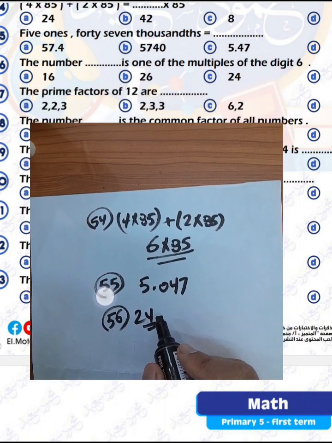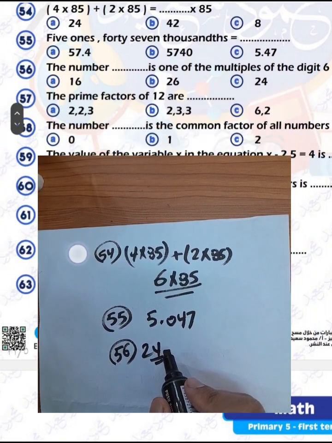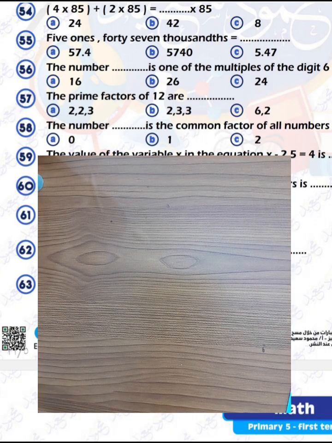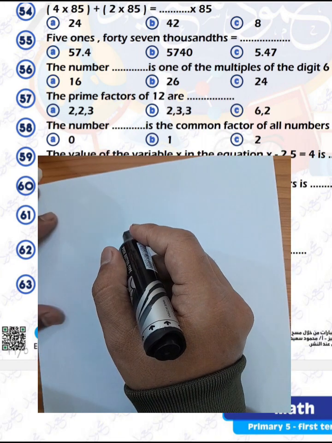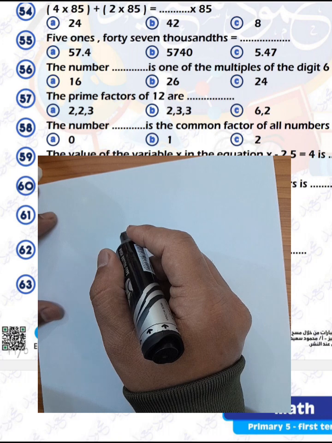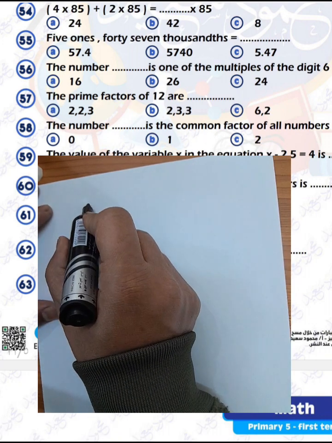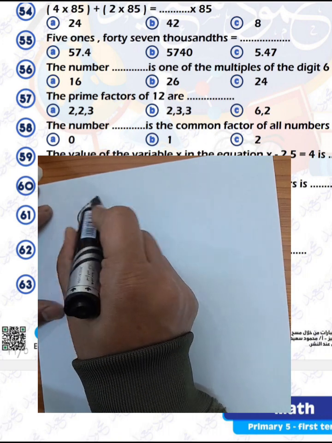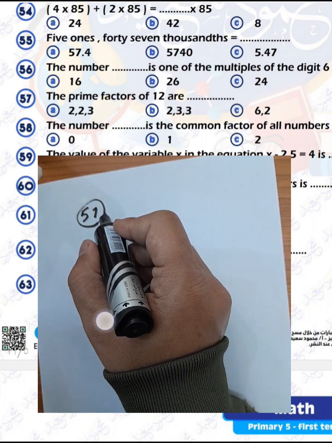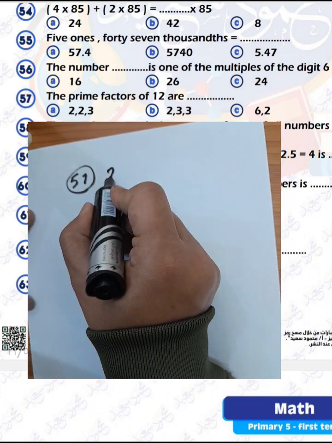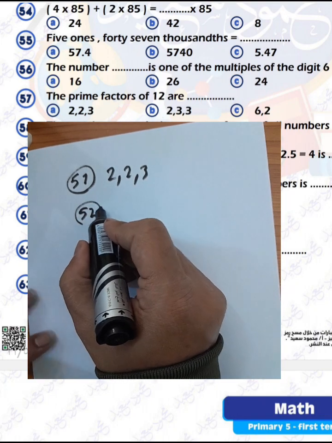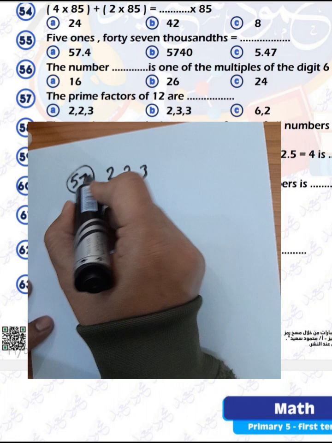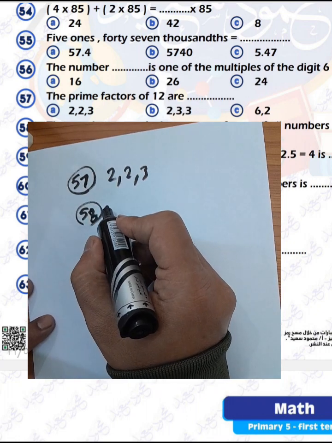Okay, next question. 58, the number is a common factor of all numbers. Common factor will be 1. Question 57. 57 is the prime factor of 12, 2 times 2 times 3, 2 and 2 and 3.